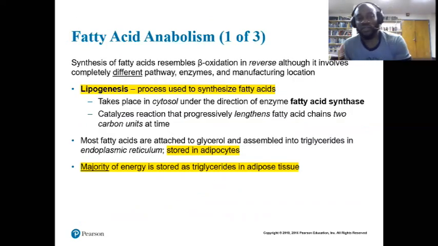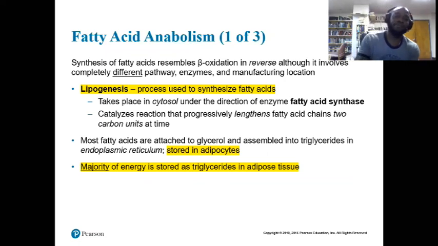Fatty acids, we have lipogenesis, the process used to synthesize fatty acids. It takes place in the cytosol under the direction of fatty acid synthase, that's the enzyme, which catalyzes reactions that progressively lengthen fatty acid chains, 2 carbons at a time. Same way it gets broken down, 2 carbons at a time, we lengthen it 2 carbons at a time.